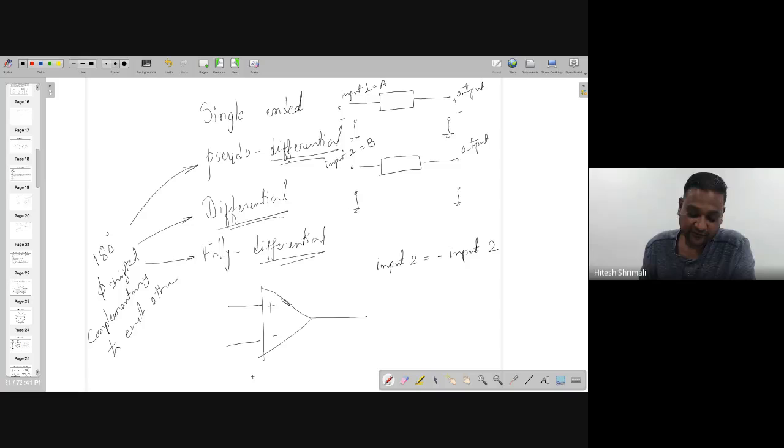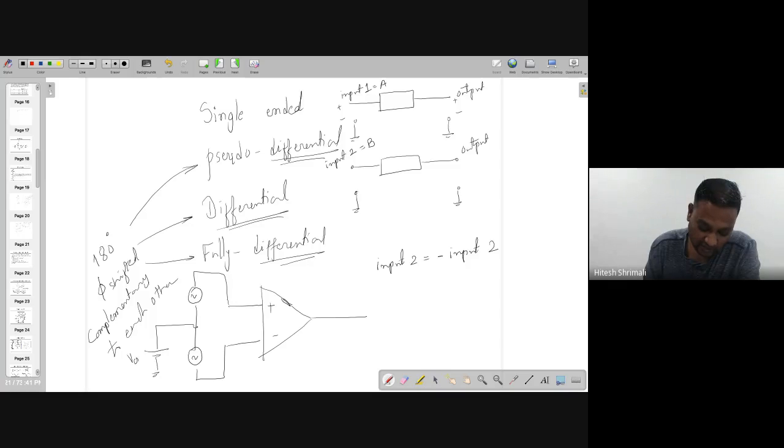If I want to give a differential input, I am going to keep both of them 180-degree phase shifted with some common mode voltage. So this will be Vin plus or minus, and this will be minus plus Vin. The output is only 1. Then this is differential. But if you have one more output, out plus and out minus, then it's known as fully differential.